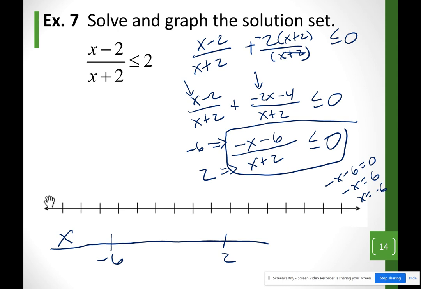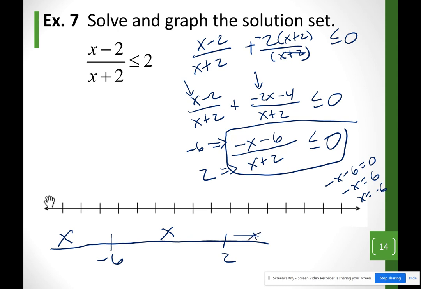It doesn't matter which one. I'm also going to think of a number between negative 6 and 2, and any number bigger than 2. I'm calling it x just to show you the number doesn't matter. The sign is what matters.